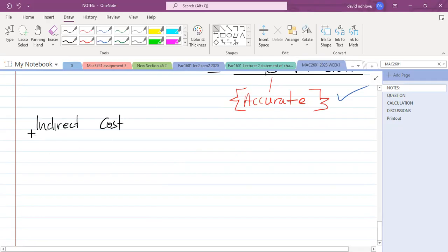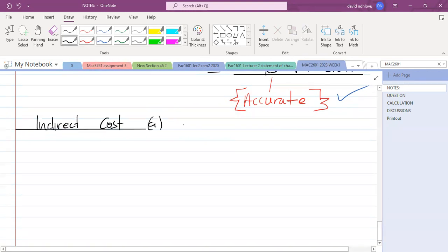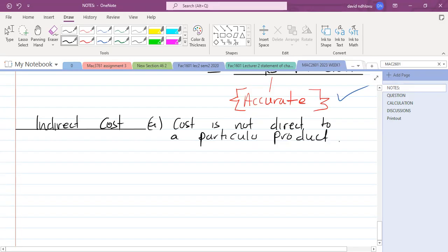So the characteristics of indirect costs are the opposite of the direct cost. The cost is not direct to a particular product. If it is not direct, it means this is a shared cost, attributable to a number of products.